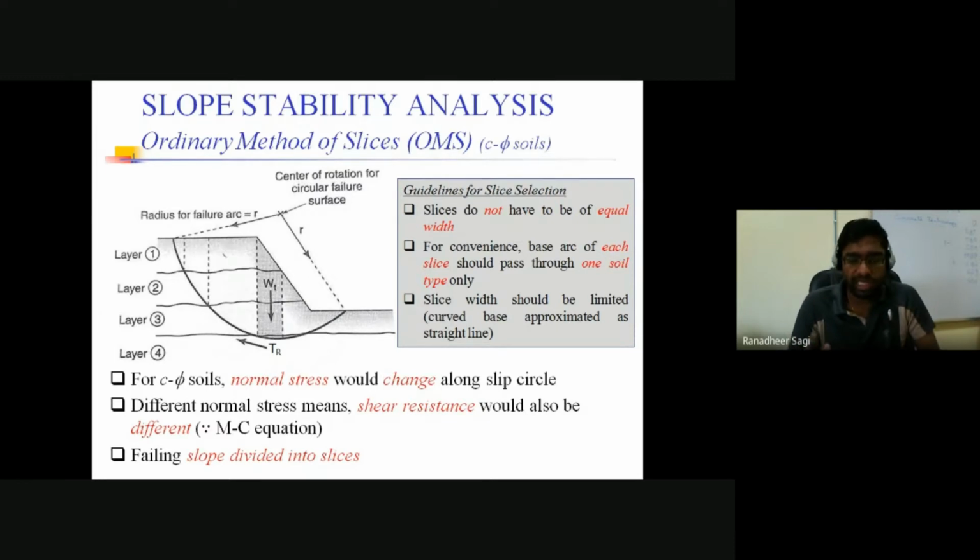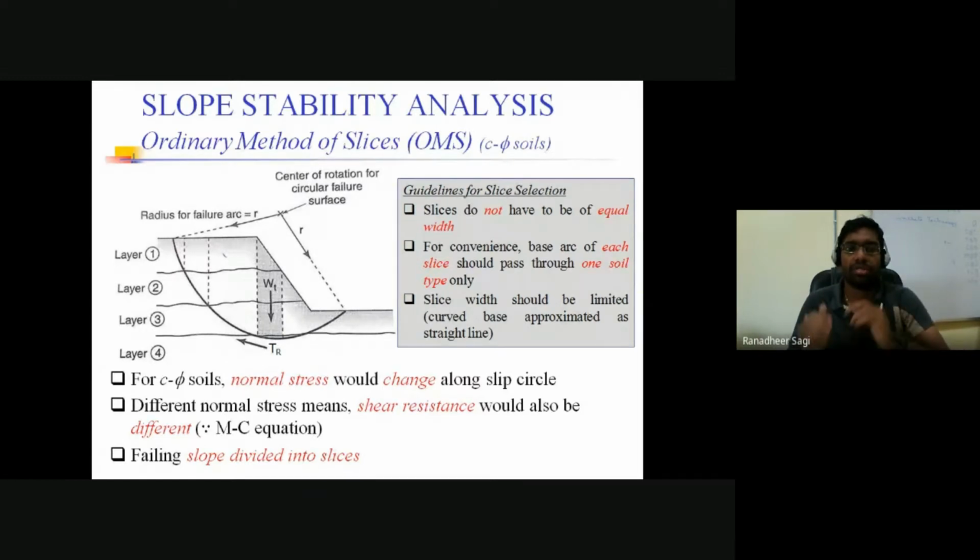If normal stress is changing from point to point, then the way we estimate our factor of safety by simply considering some constant alpha angle may not be really very accurate. That's the reason why that complete region of the soil which is undergoing the sliding because of the circular mode of failure, we try to divide into some number of elements, or slices, pieces rather.